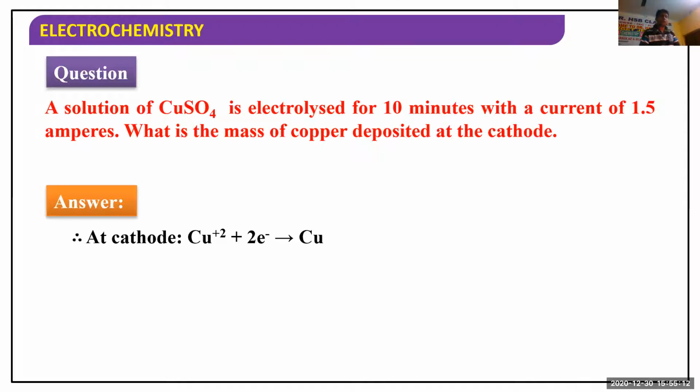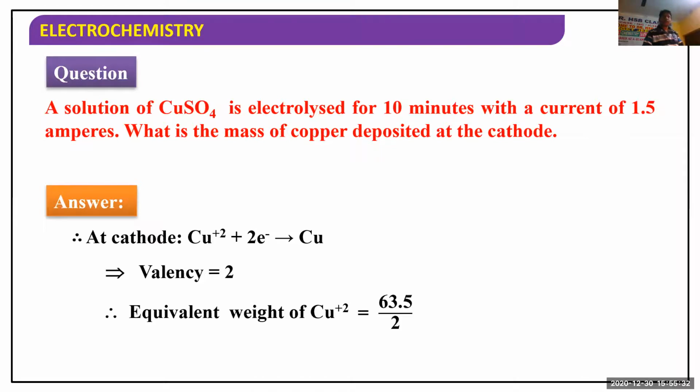The equivalent weight of copper is 31.6, meaning the atomic weight is 63.5 and the valency of copper is 2. Then the equivalent weight will be 63.5 by 2.